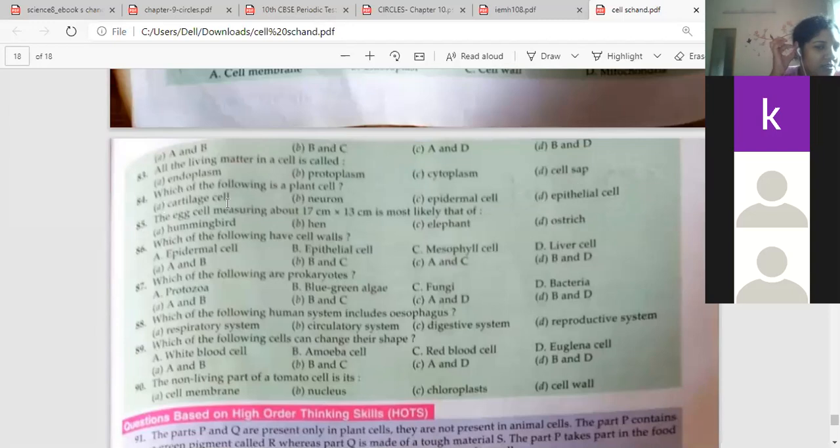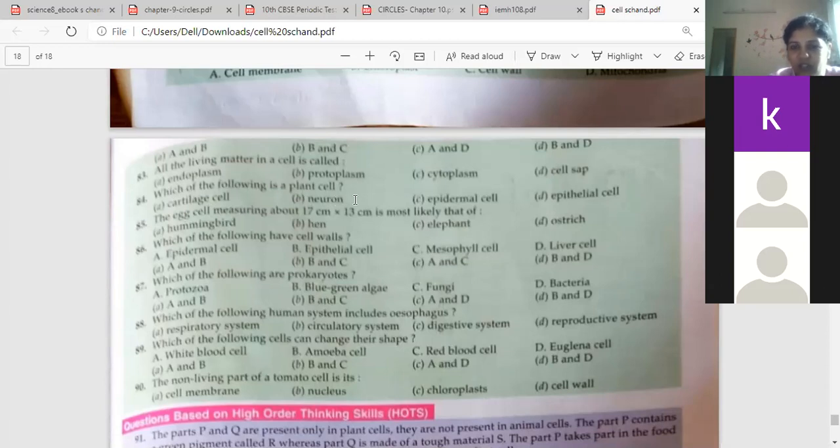Cartilage is the inner, thin, soft bone. This bone is very soft and is called cartilage. Inside the ears, there is cartilage. The soft bones in our body are called cartilage bones.